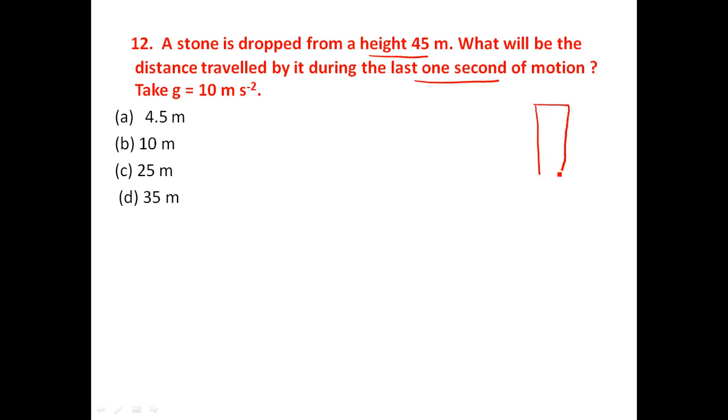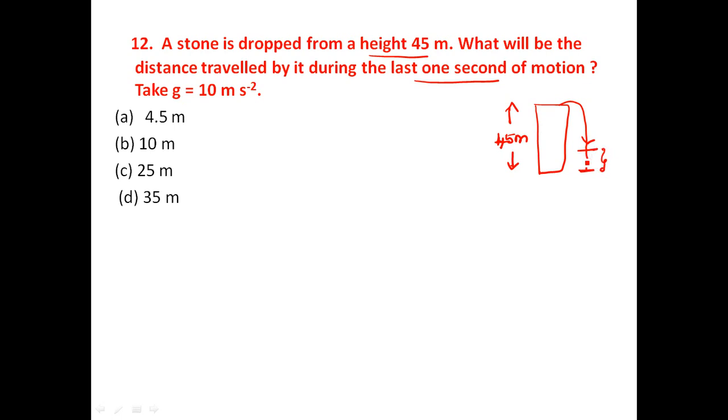I'll draw the diagram. The stone is falling from the tower, and what is the height? Let us say it is 45 meter. The stone is falling from a height of 45 meter. They have asked us what is the distance traveled in the last 1 second of the journey.